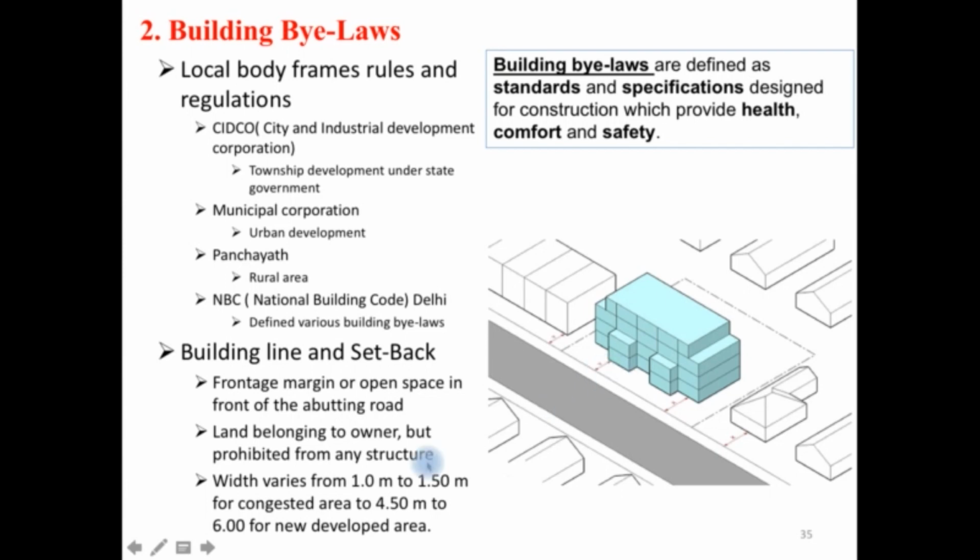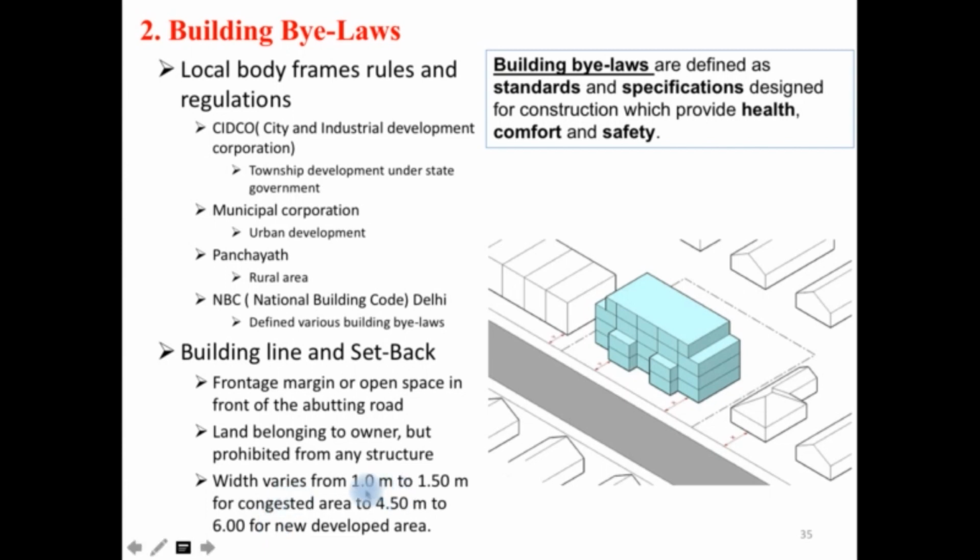For example, if you are going for a congested area, it can be 1 meter to 1.5 meter. In the old city region of Ahmedabad, the setback given in the guidelines of the Ahmedabad Municipal Corporation may be less compared to a new developing region where it is not congested.